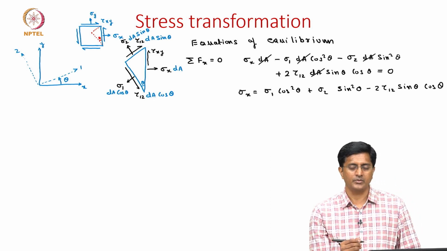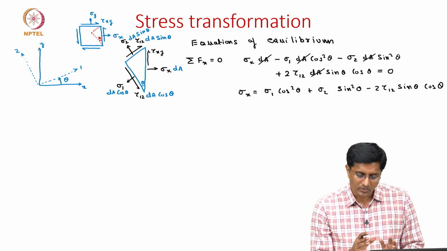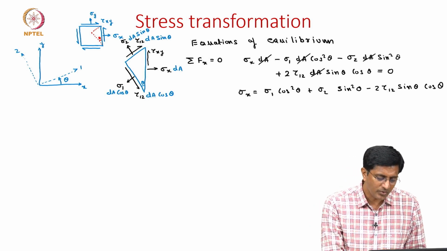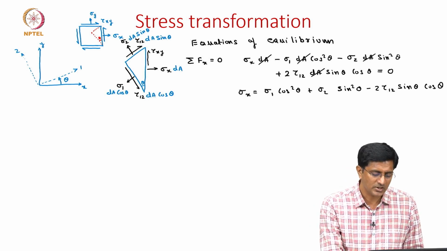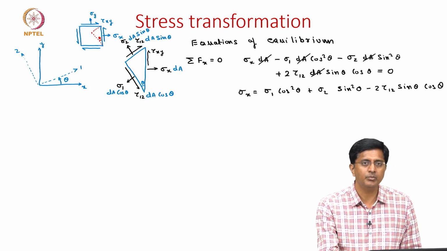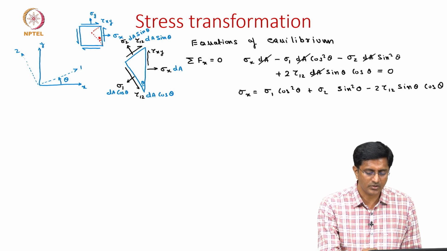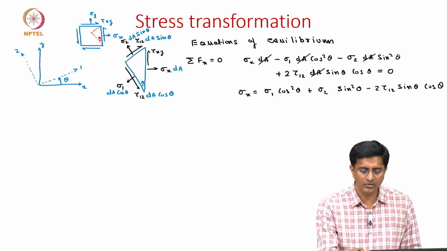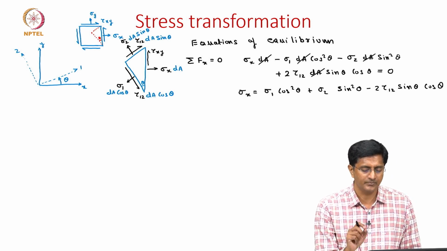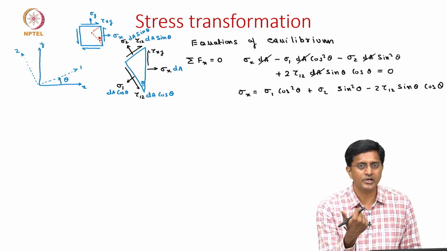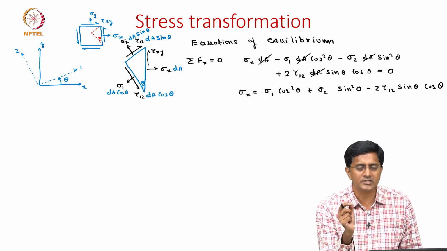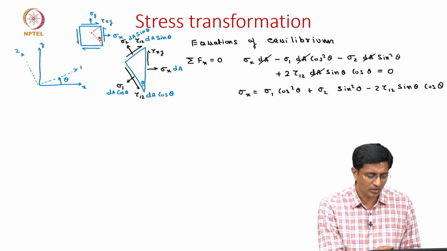Fine. So, what we achieved here is we are now able to write this stress sigma x in the body coordinate all in terms of the stresses in the material coordinates sigma 1, sigma 2 and tau 1 2, and we have taken help of this angle theta. So, with the orientation angle theta and the stress components in the material coordinates, we are now able to write stresses in the body coordinates.